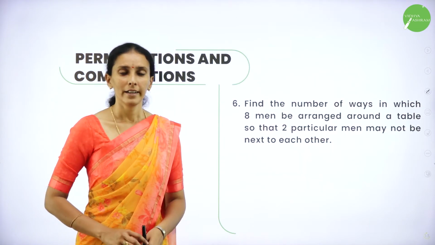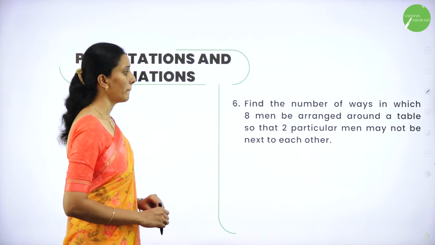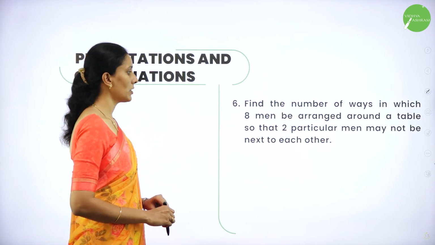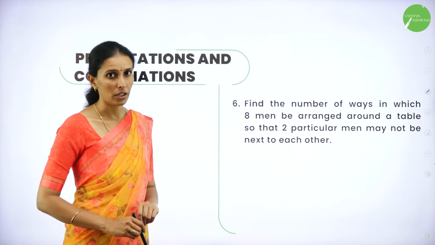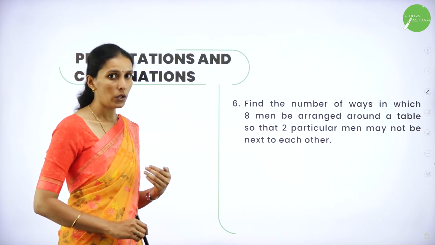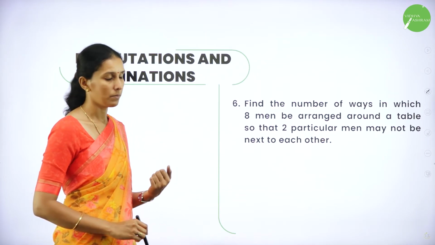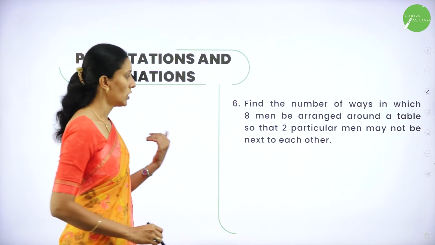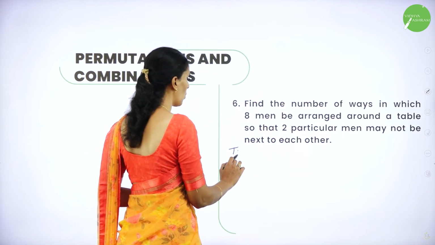Next question. Find the number of ways in which 8 men can be arranged around a table so that 2 particular men may not be next to each other. So we can count the permutations where 2 men can sit together. What is the logic behind this question? Let us find the total ways.